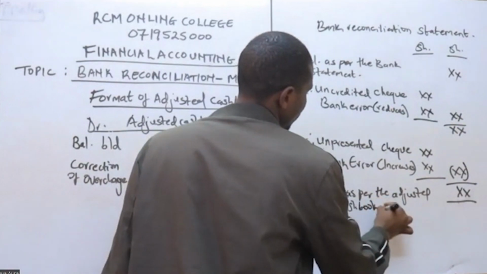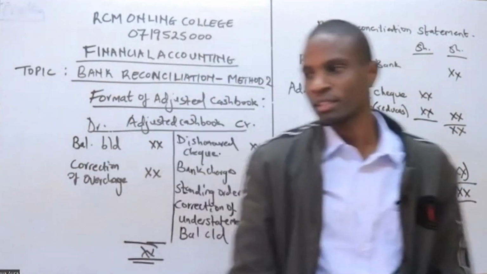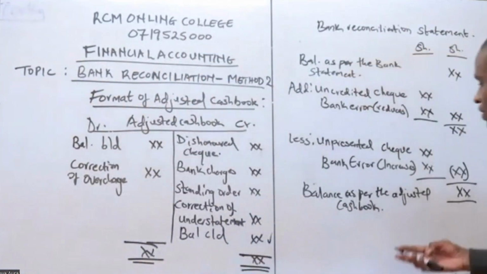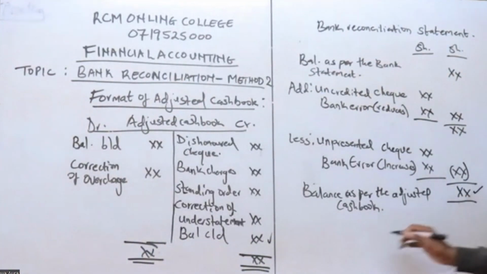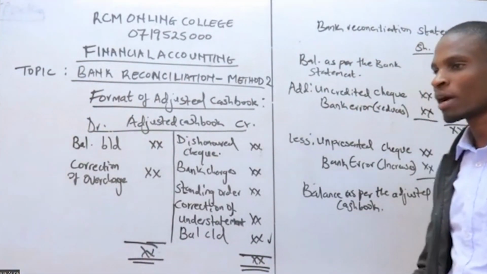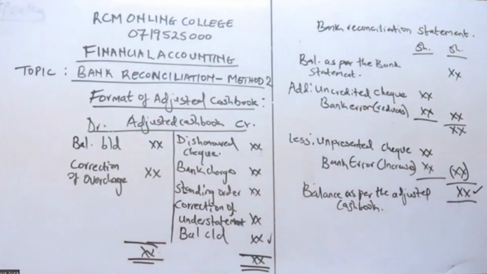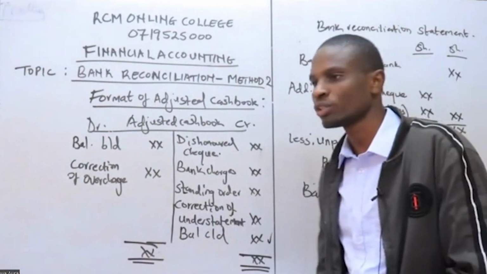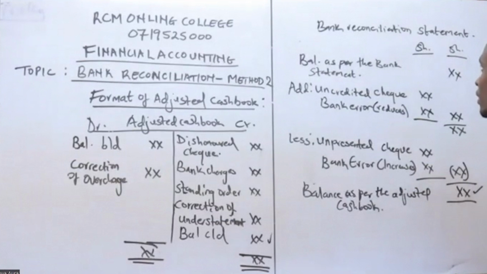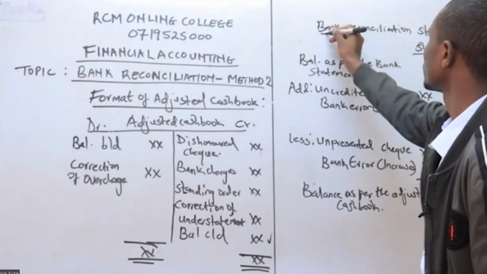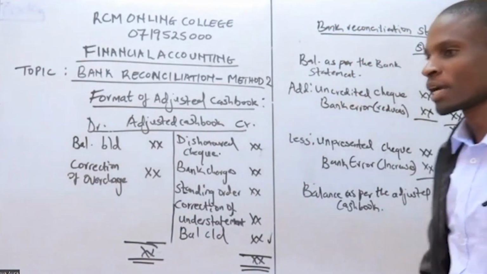What does this tell us? That the balance that we are going to get here must be equal to the balance that you got in your adjusted cash book. So the balance that you should get under your bank reconciliation statement should be the same.